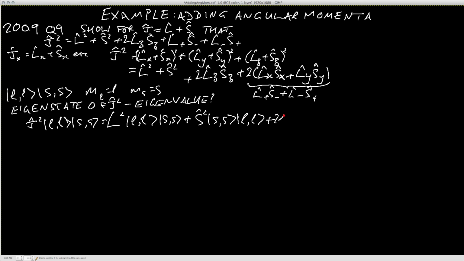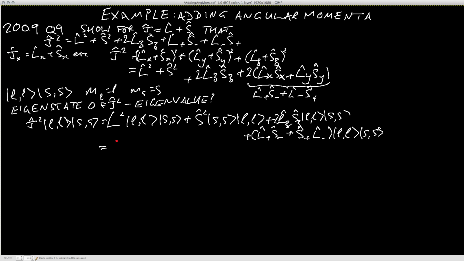Plus 2 LZ SZ acting on this state, LL SS, plus we're going to have L plus S minus plus S plus L minus acting on L, L, S, S. And notice that here I've changed the order of S and L. That's because they do commute.